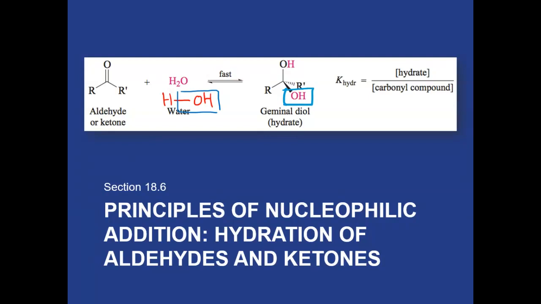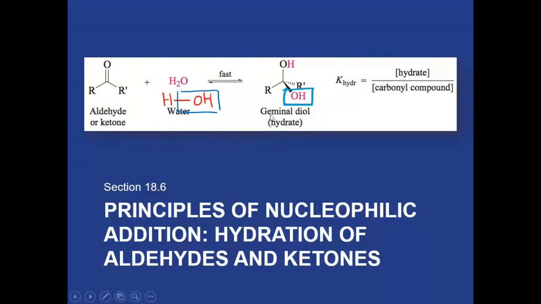So usually this reaction is relatively fast. Often it is considered as an equilibrium process, and the product is called geminal diol because the product has two OH groups connected to the same carbon. That's how the term geminal comes about.